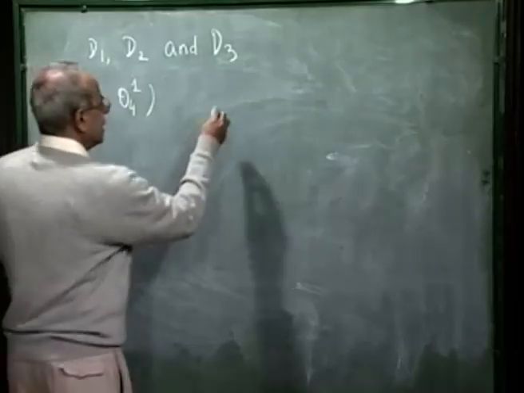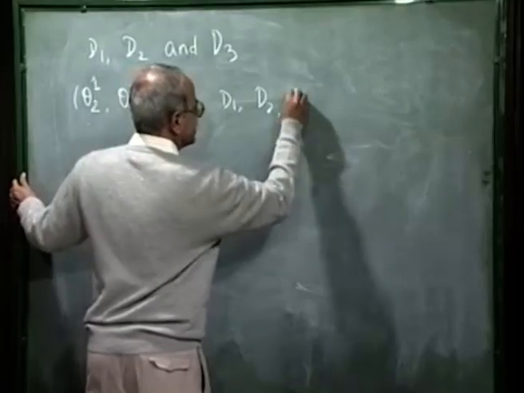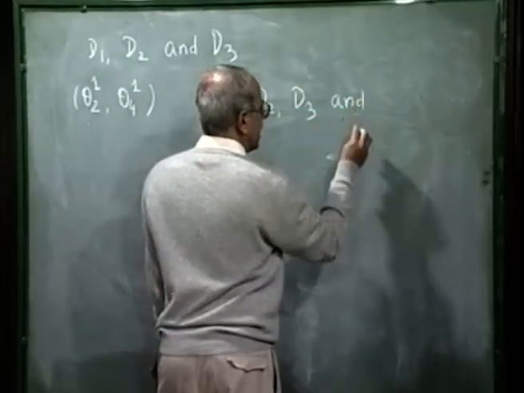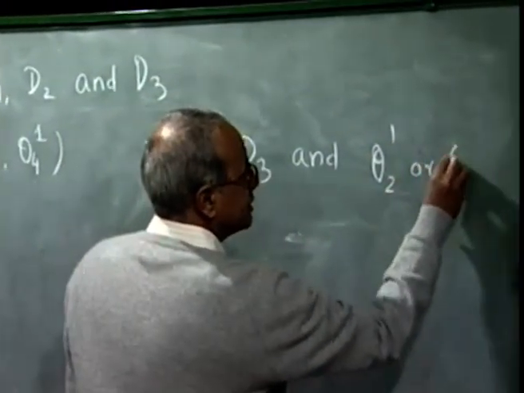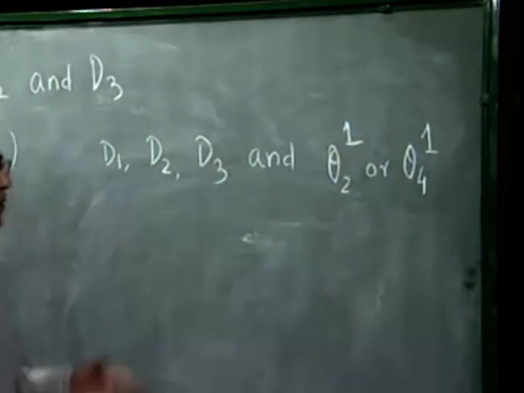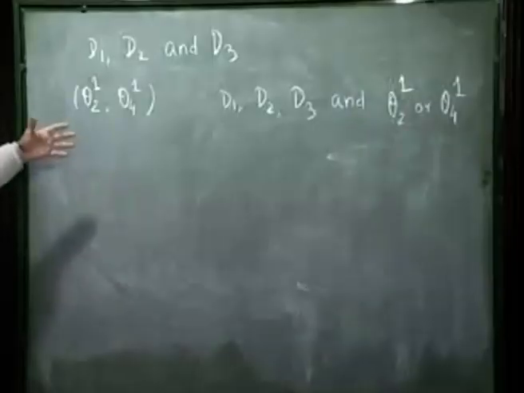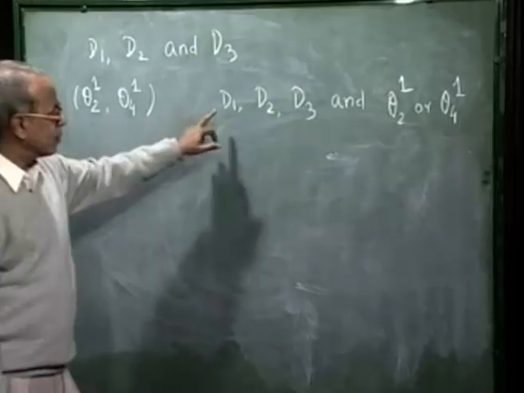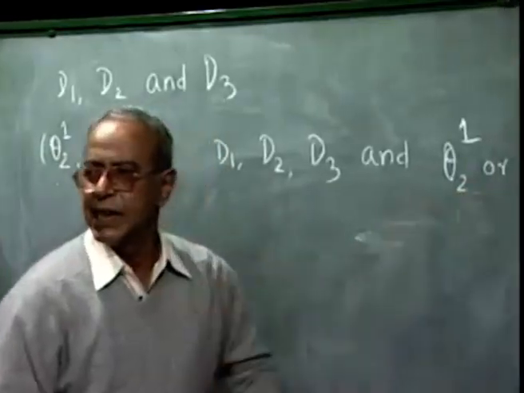That means D1, D2, D3 and either theta 2 1 or theta 4 1 have to be left undetermined, and then we can plug in the 4 sets of values of theta 2 and theta 4 to solve for these 4 unknowns, D1, D2, D3 and whichever is left unknown.